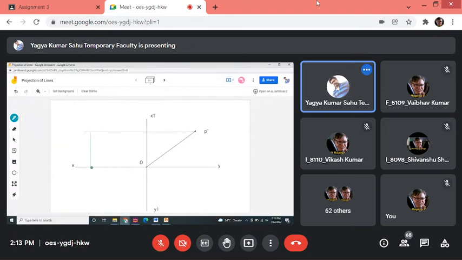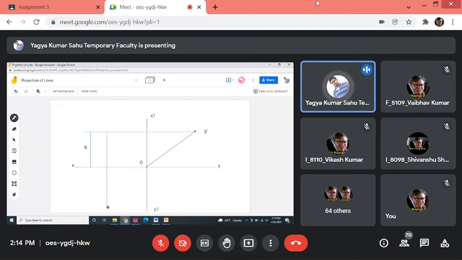This one. Measure this with the help of your normal scale. Say it is R, capital R. So whatever distance there is for R in the front view, that much distance will be in the top view, because it is having equal distance from both the planes.